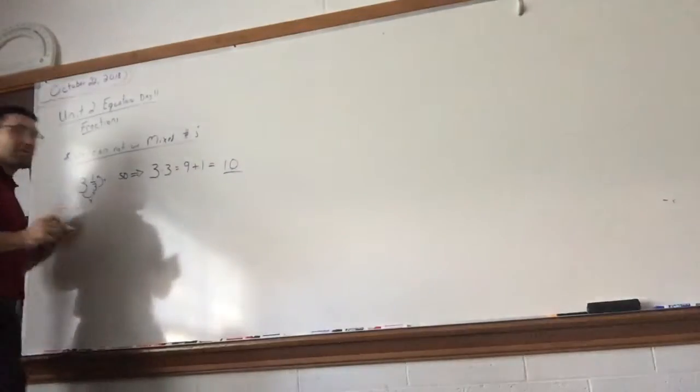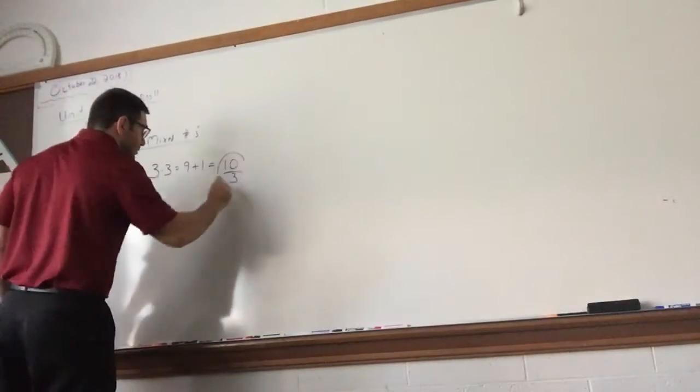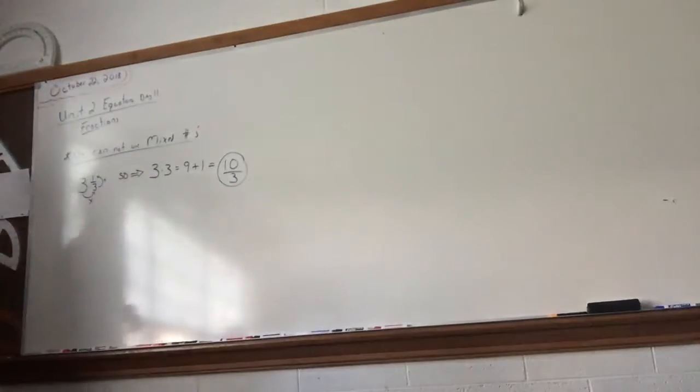Then we keep the denominator that's given, and it gives me 10/3. You have done this years upon years. At least for 2 years, but I think closer to 4.